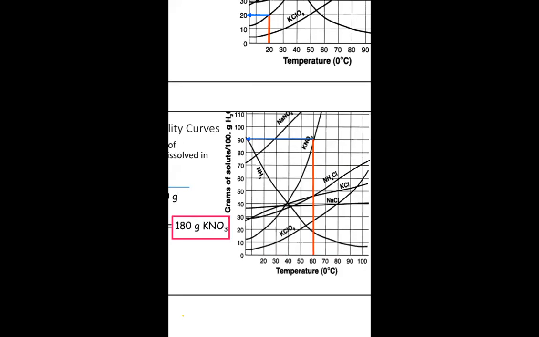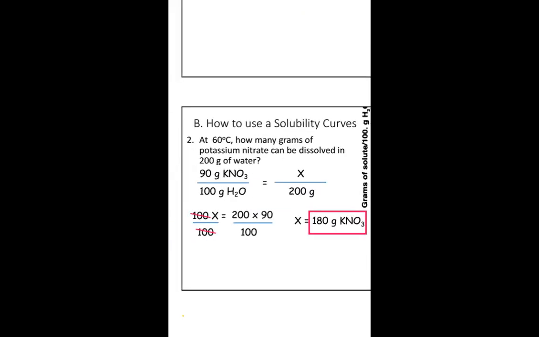So the mass of water given in the graph is 100 grams of water. Right? And the question says that we should get the mass of potassium nitrate that can dissolve in 200 grams of water. So there's need for us to understand how to operate with this kind of question, because in the graph, you're given 100 grams of water, while in the question, we are told that this potassium nitrate was dissolved in 200 grams of water.